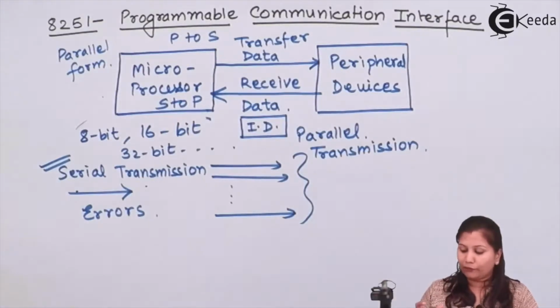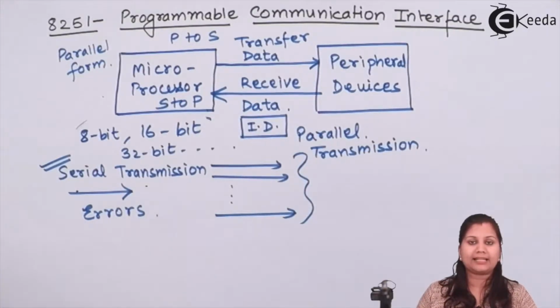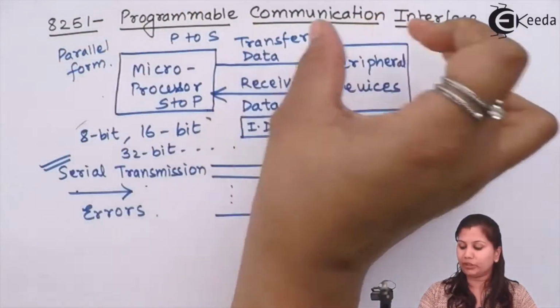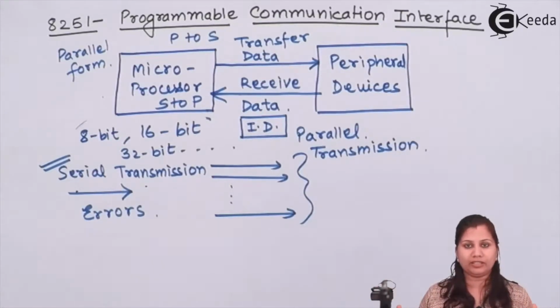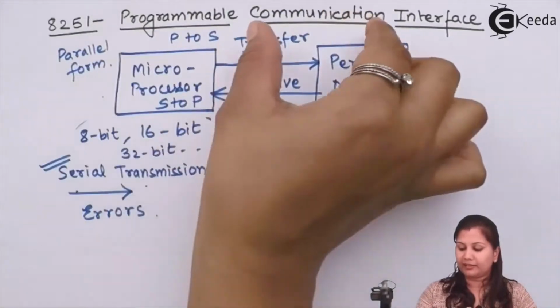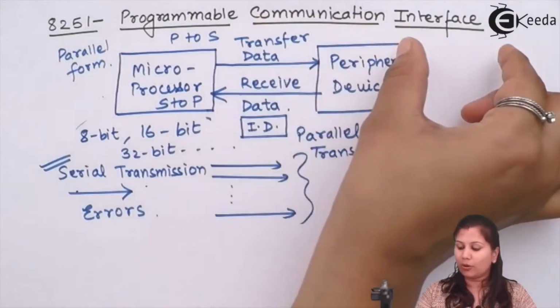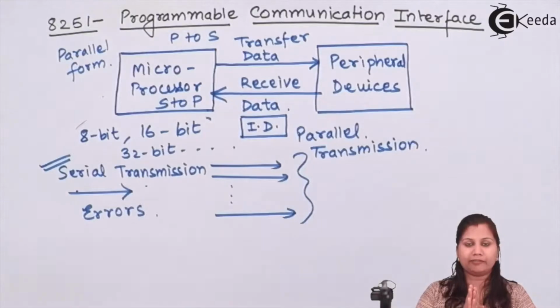For this purpose, Intel has developed a device known as the Programmable Communication Interface, which acts as an interfacing device between the microprocessor and the peripheral devices which are communicating with each other. That is why the word communication is used. Also interface, because interface is the word given to a device which acts as a communication link between two components.